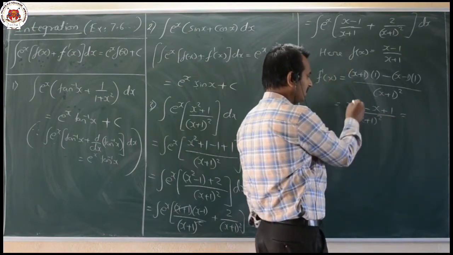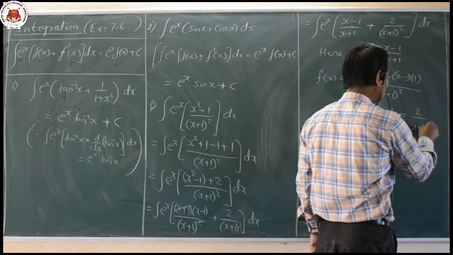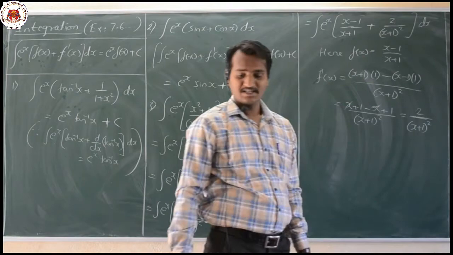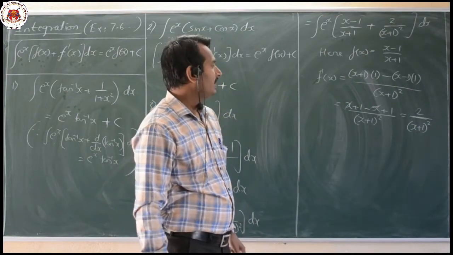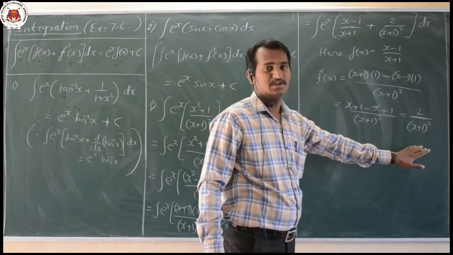Now what is the result here? The x gets eliminated. What we have is 2 divided by x plus 1 whole square. So the differentiation of f of x, f dash of x, we get here.